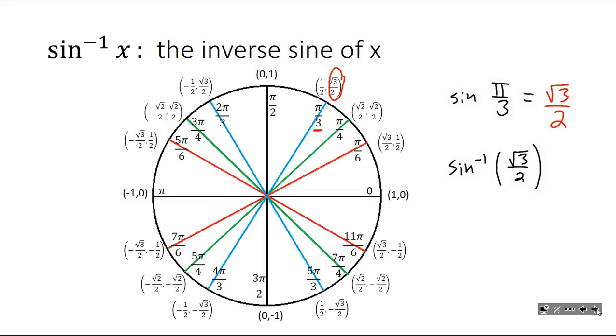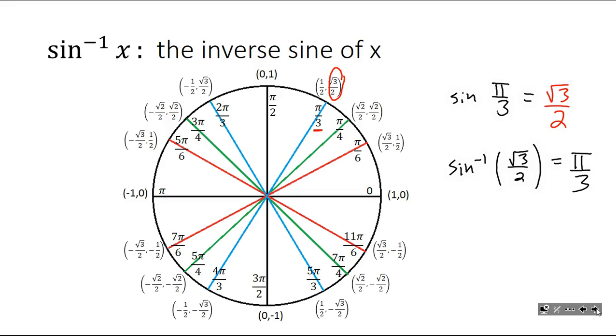In that case, we would look at our unit circle, and it would just be the reverse. We know that the y value is supposed to be square root of 3 over 2. So we see, of course, I still have that circled. And so what the inverse sine is doing is it's giving you the sine and asking you what would be the angle. So the angle would be pi over 3.